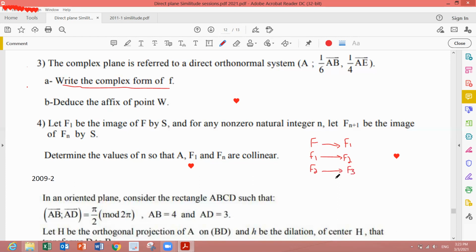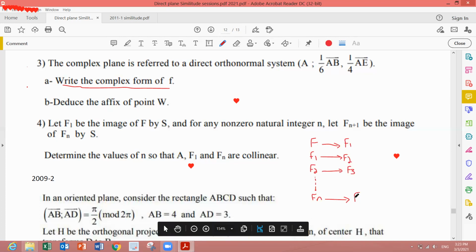Why are we writing like this? Fn gives Fn plus 1. For every natural integer n, I don't have one single point named Fn. So F gives F1.